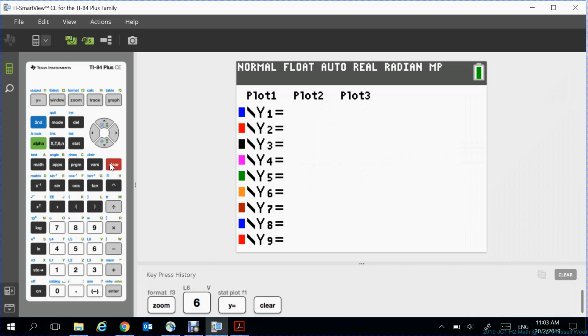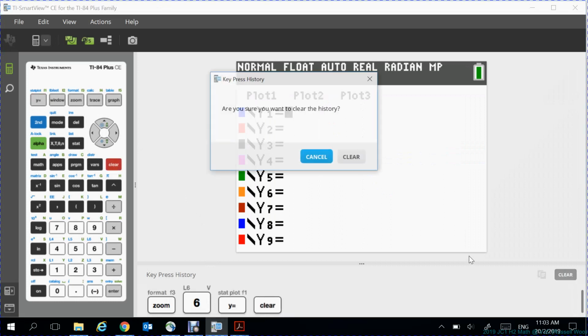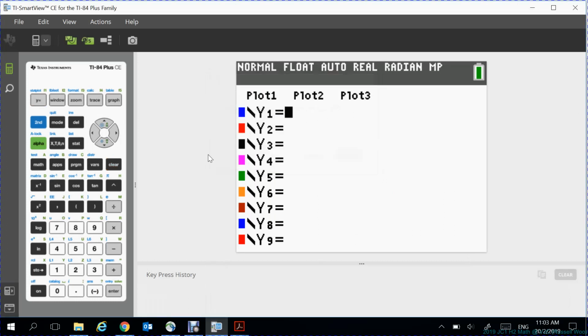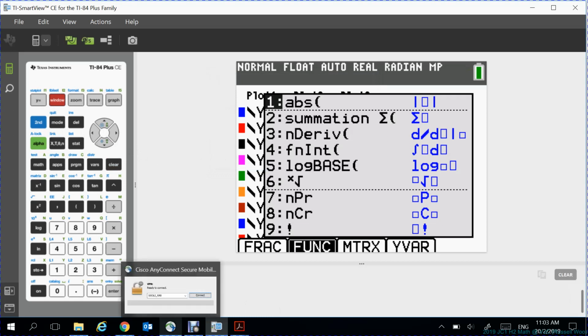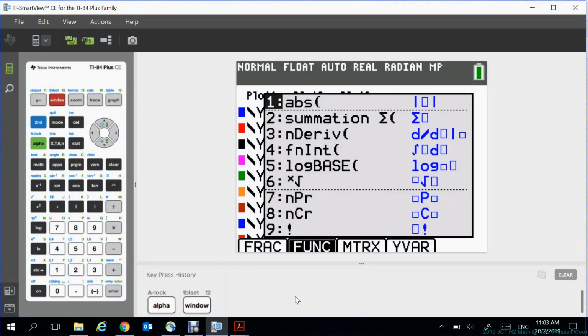Let's say you want to key in log to base 0.2. You press alpha window. Alpha window to bring up this menu. You see number 5? You press 5.